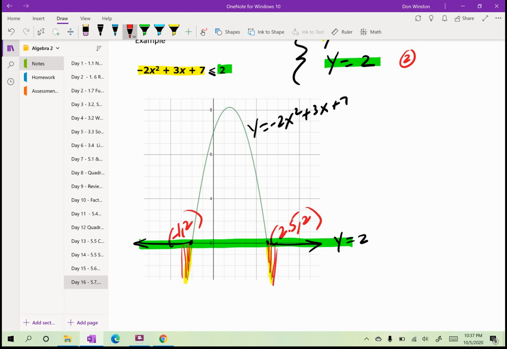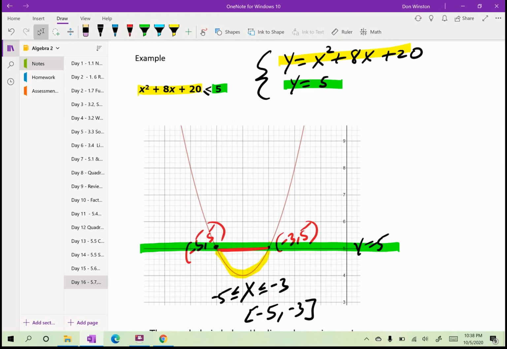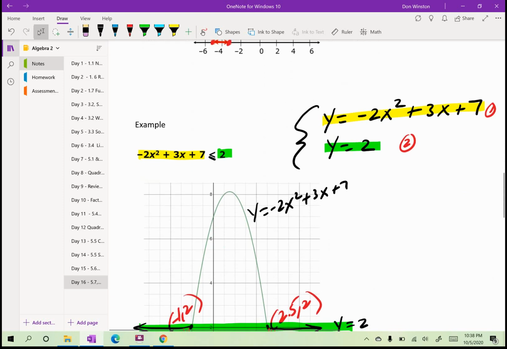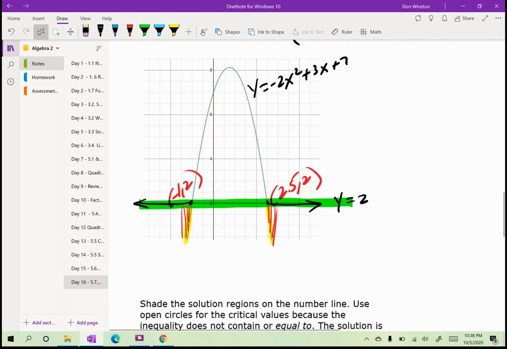See, I told you things are going to flip around. When we said less than with a positive leading coefficient, it was between two points. Now when we say less than and the leading coefficient is negative, it's outside of two points. So as an inequality, my solution would be x is greater than or equal to 2.5 or x is less than or equal to -1.